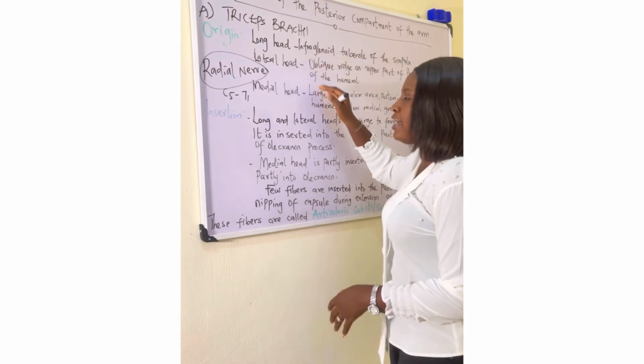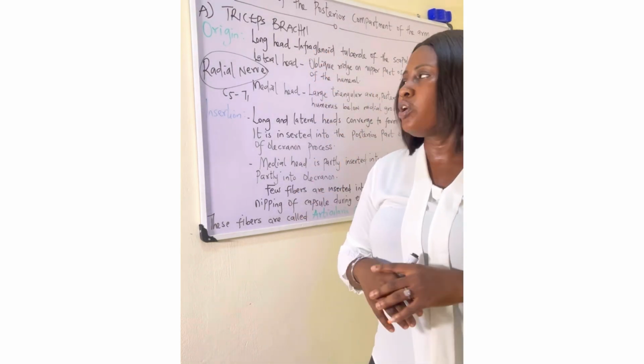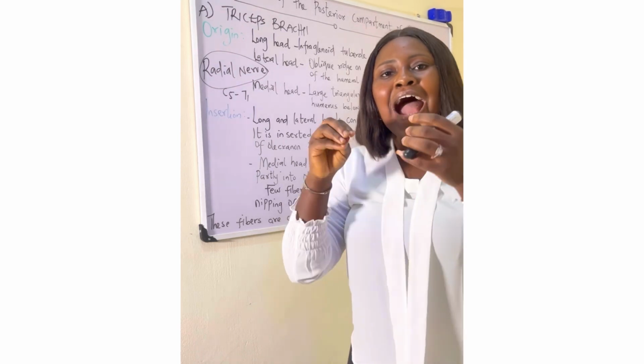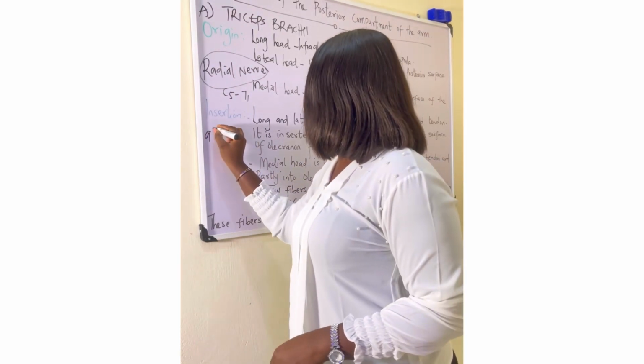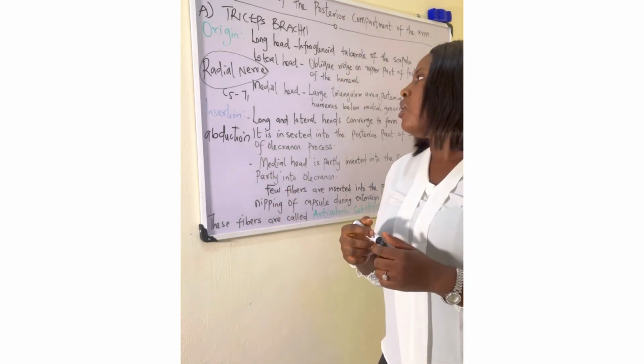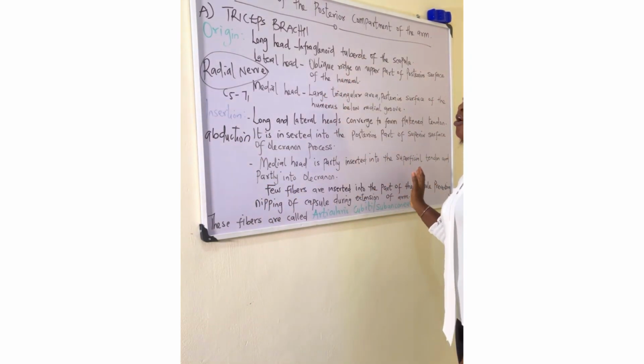So that's what this long head of the triceps muscle does. So it supports the head of the humerus during abduction of the arm, that's taken away. Okay, so that's all for the triceps brachii.